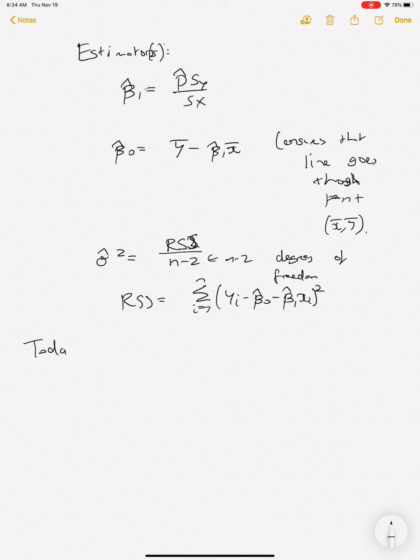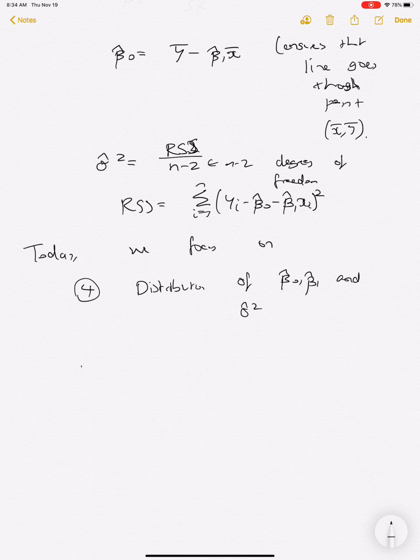So today we focus on the distributions of beta hat 0, beta hat 1, and sigma hat squared. And then we talk about analysis.